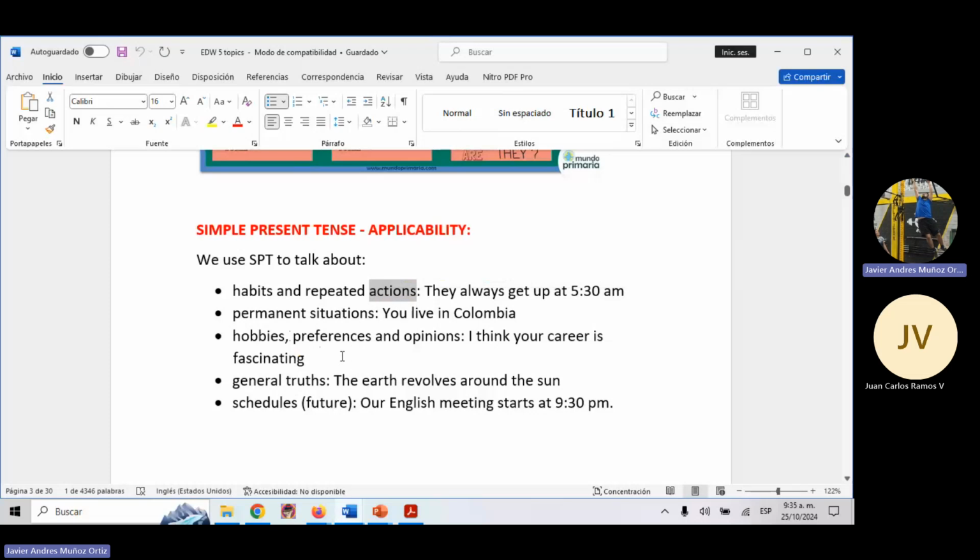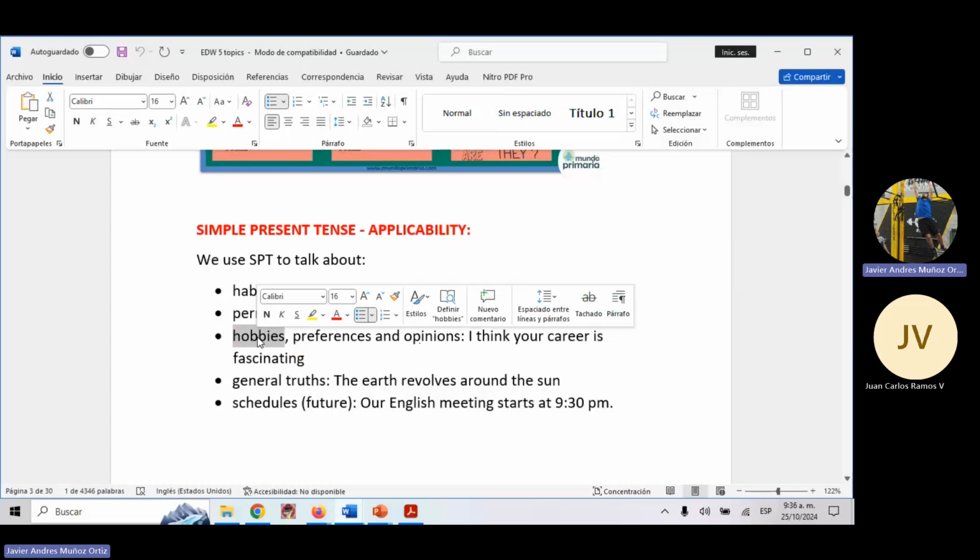What else is pretty much permanent? Hobbies, preferences, and opinions. For example, if one of your hobbies is to go to the stadium every Saturday or every Sunday to see how your favorite team plays.